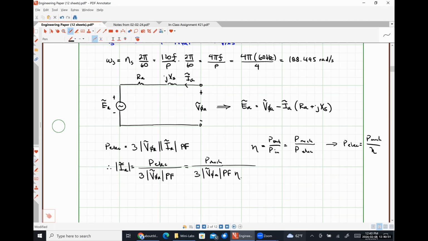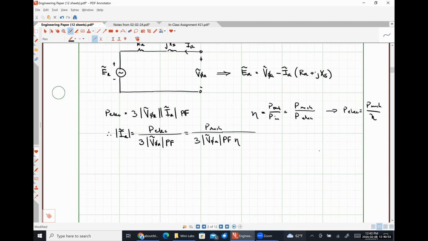and eta down here. I'm going to put numbers in this thing just so that we can see how things shake out, and also to remind you guys of the conversion factor that we're going to need. So our mechanical power is 100 horsepower, and then there are 746 watts per horsepower. Down here, we're going to have 3. The magnitude of our voltage was 277 volts RMS.